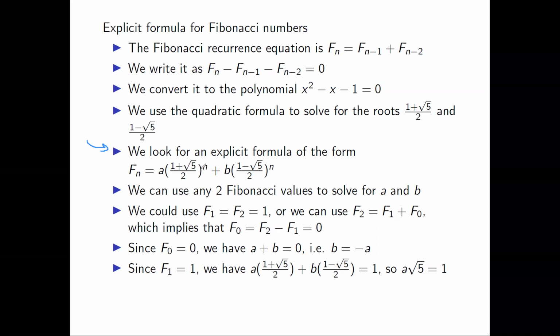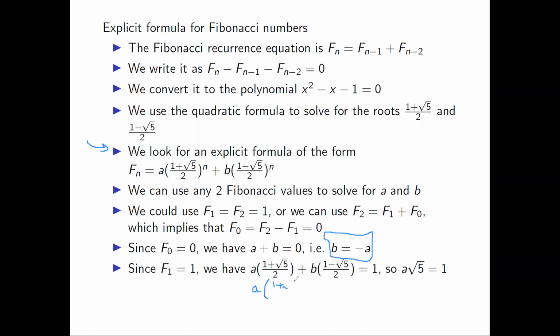And then, since b equals minus a, we can substitute that for the b. So we can write a times 1 plus square root of 5 over 2 minus a times 1 minus square root of 5 over 2 equals 1. And the good thing is these parts cancel.